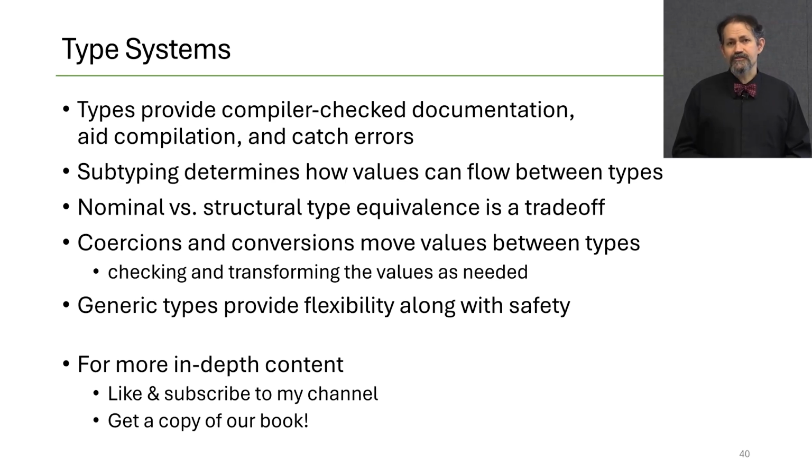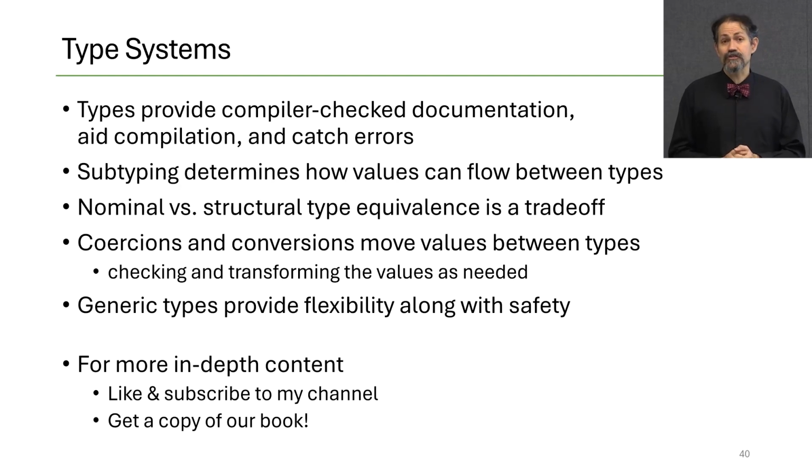And finally, they catch errors by checking whether we're applying operations to arguments of the right type. We found that subtyping determines how values can flow between types. We've looked at some of the trade-offs between nominal and structural type equivalence, where we have flexibility from the structural world on one hand, but then on the nominal side, we have a more clear reflection of the programmer's intent.